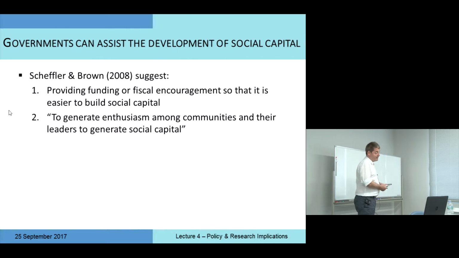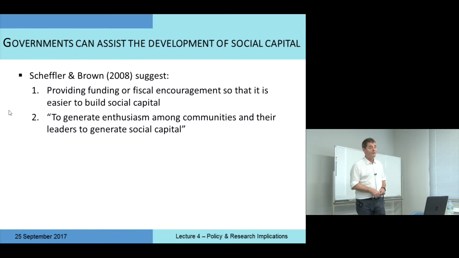I think governments can assist in the development of social capital. It'd be strange if they couldn't. Scheffler and Brown, the authors of the paper I was introduced to at the start, suggest providing funding or fiscal encouragement, that's a tax break or that sort of thing, so that it's easier to build social capital.